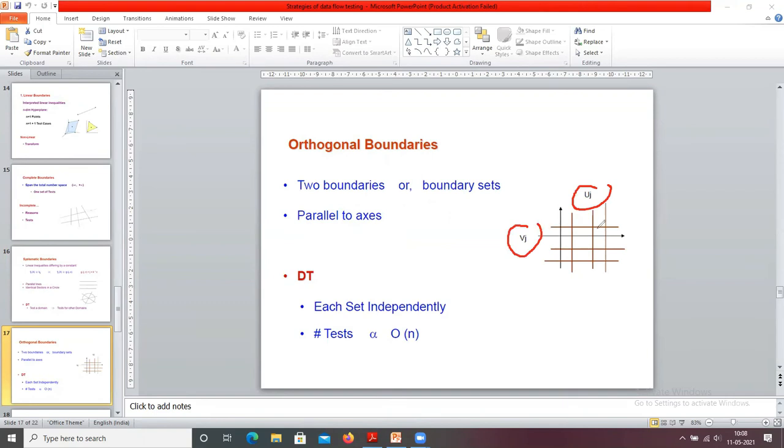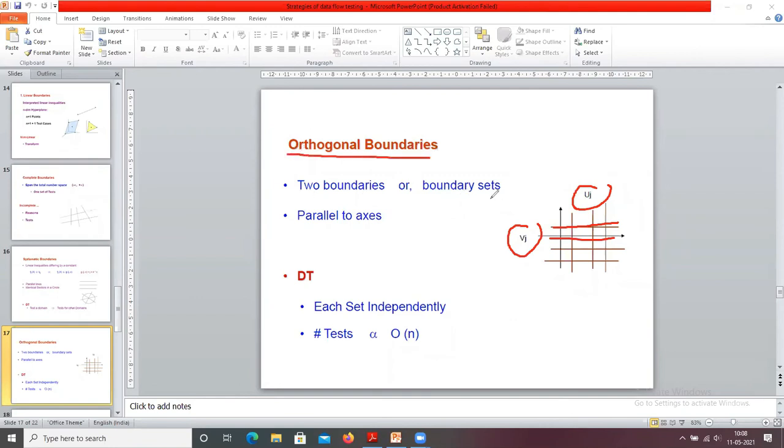If you observe, every inequality in V is perpendicular to every inequality in U. These are the V values, and all of them are perpendicular to the U values. So we call this orthogonal boundaries.